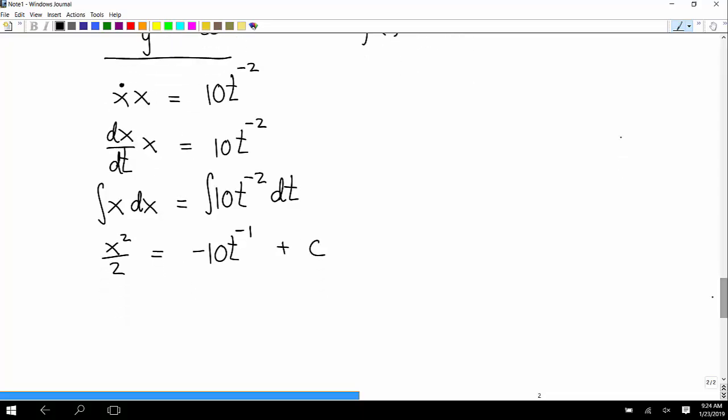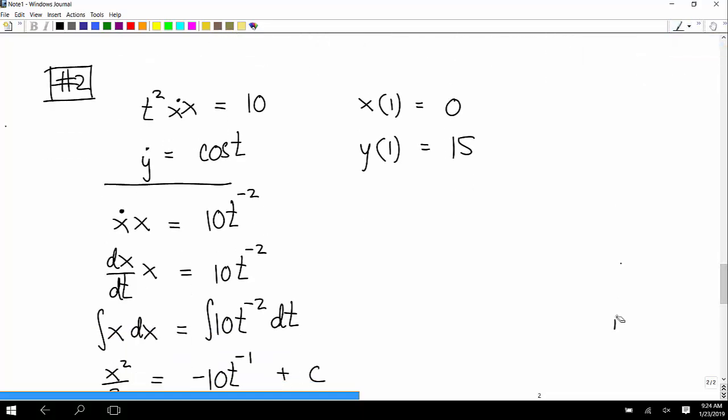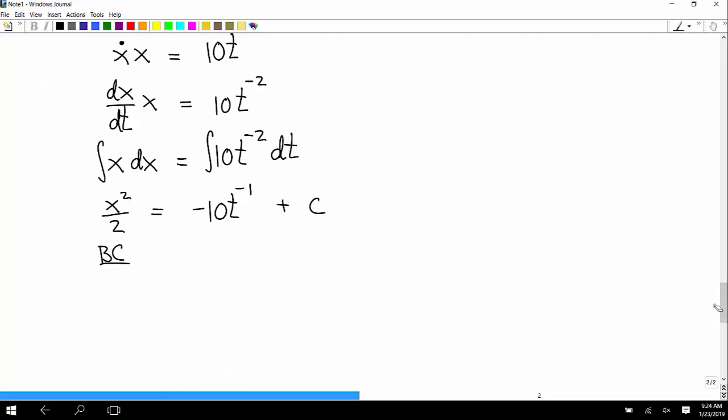The boundary condition says when time is equal to 1, x is equal to 0. So we have 0 squared over 2 is equal to negative 10 plus c.